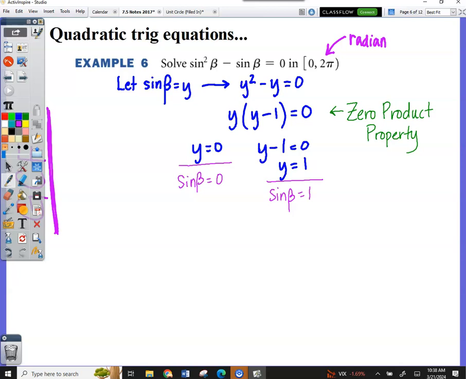So go to your unit circle. You need to, right here, say what angle has a sine, which is y, value of 0 and 1.